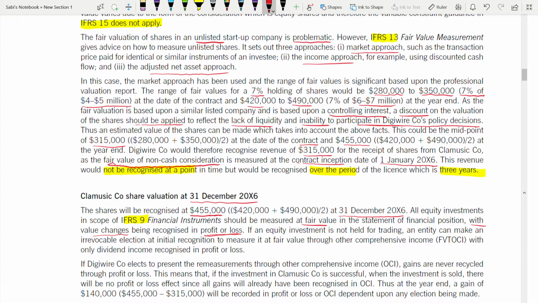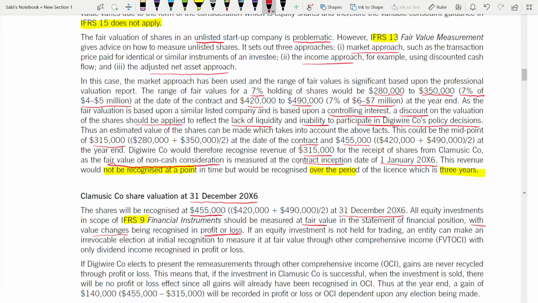The next line says, if an equity instrument is not held for trading, an entity may make an irrevocable election. Irrevocable election means that election cannot be reversed again. Once it is made, it is made. Cannot be changed later. So can make an irrevocable election at initial recognition to measure it at fair value through other comprehensive income with only dividend income recognized in P&L.